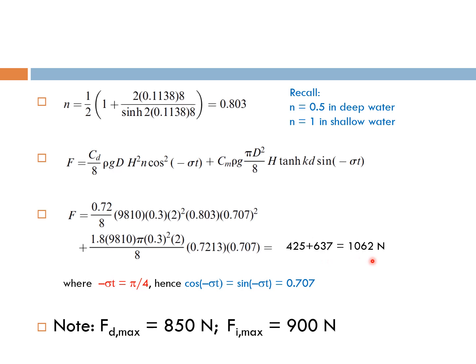This does not, however, mean that this is the maximum total force, but it's likely that the maximum total force will be quite close in this range, as we have seen previously in the profile of how the drag force, inertial force, and total force change with the wave profile.